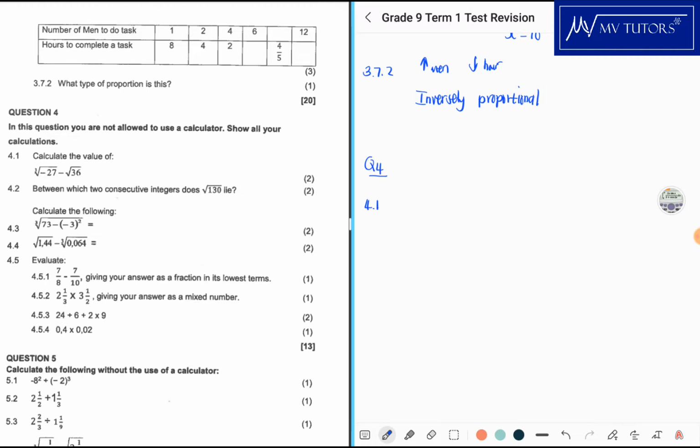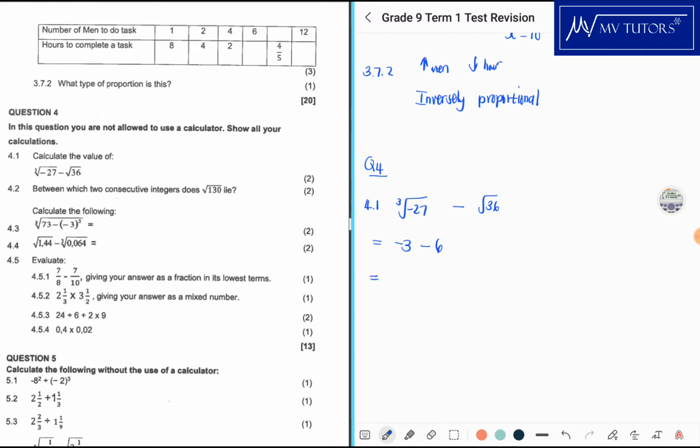We've covered that. So now you have the cubed root of negative 27 minus the square root of 36. So the cubed root of negative 27 is just going to be negative 3. The square root of 36 is going to be 6. Okay, so basically we have minus 3 minus 6.